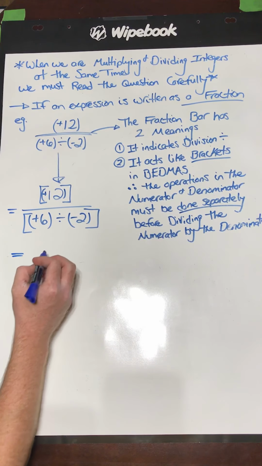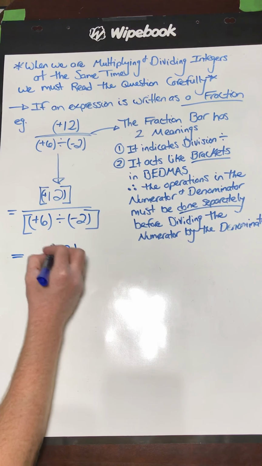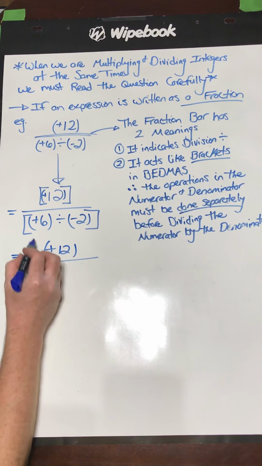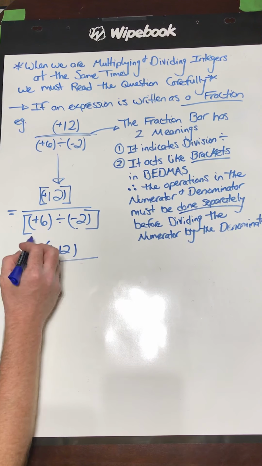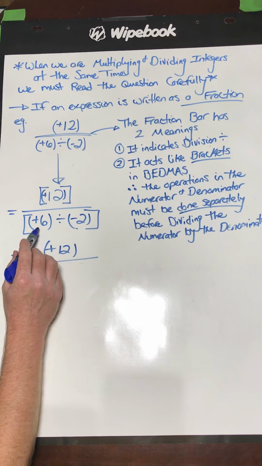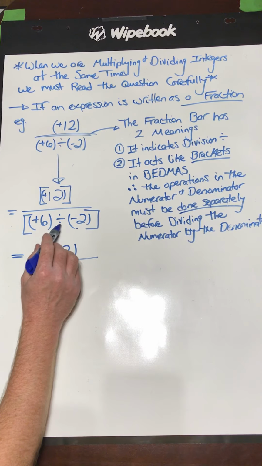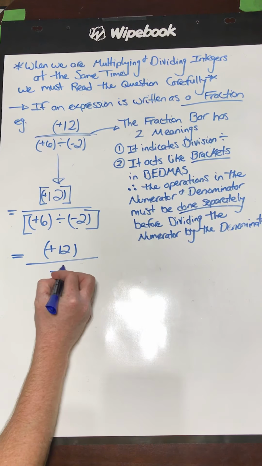It's just positive 12. But in the denominator, I have to work on this before I can divide positive 12. So I have to use my BEDMAS rules here, and it's positive 6 divided by negative 2, which is negative 3.